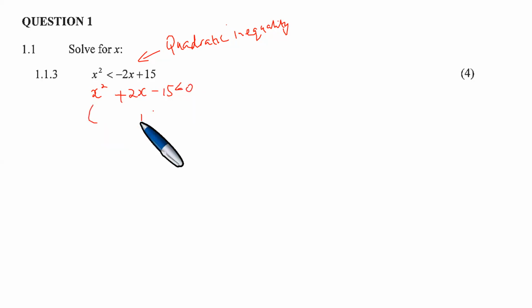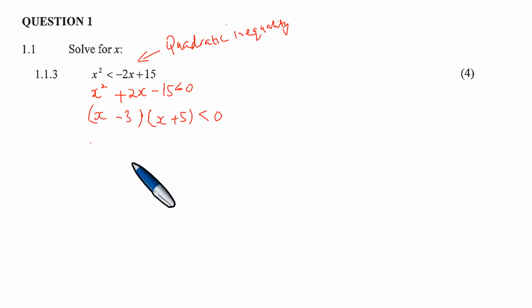We factorize these two guys here into a product of linear factors. The factors of x squared are clearly x times x. And there are two numbers whose product is minus 15, but whose sum is 2. And those numbers are minus 3 and plus 5.